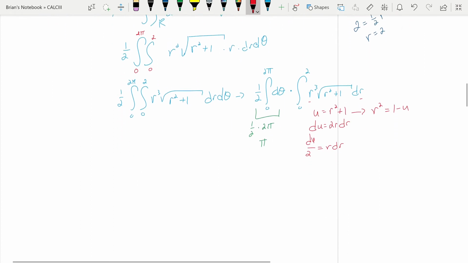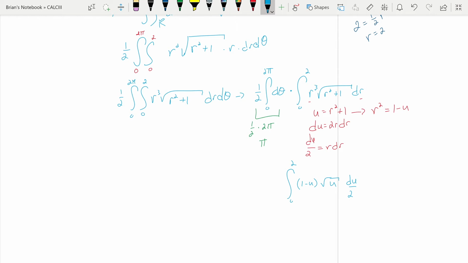So if my computer screen will move, we can have 0 to 2 of, so we'll have the one r and the dr goes away to a du over 2. And then the other r squared becomes 1 minus u. And then the square root of that is actually our u. A little tricky u substitution problem.